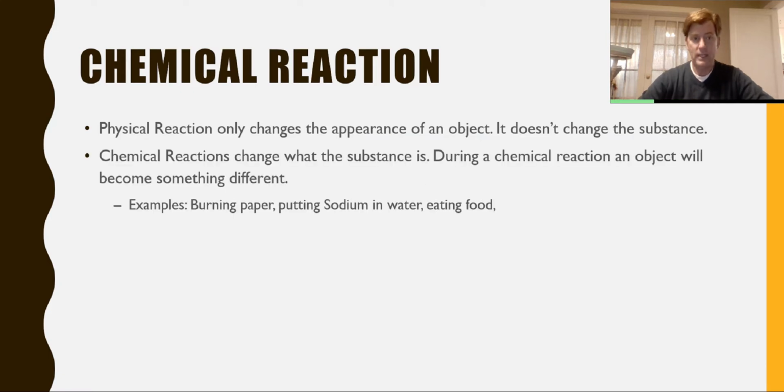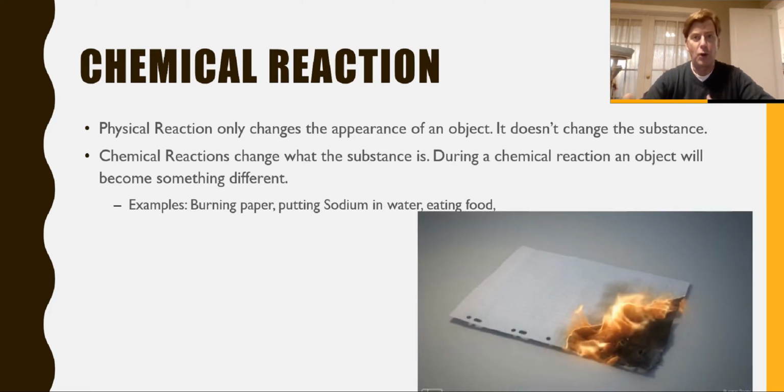Now, as we think of chemical reactions on the other side, those are changing what the substance is. It's not the same thing anymore. There's different ways to have chemical reactions. We'll talk about some of those. But a good example of a chemical reaction is burning paper.